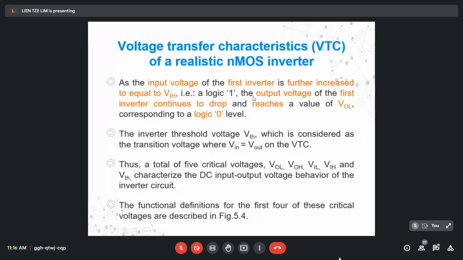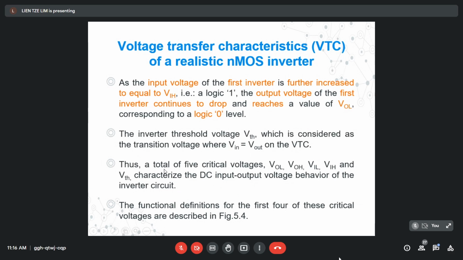So this is the statement about the input voltage of the first inverter increasing to VIH, and then the output voltage continues to drop and reaches a value of VOL. This is the output of the first inverter. The inverter threshold voltage VTH is considered the transition voltage where Vin equals Vout on the VTC.